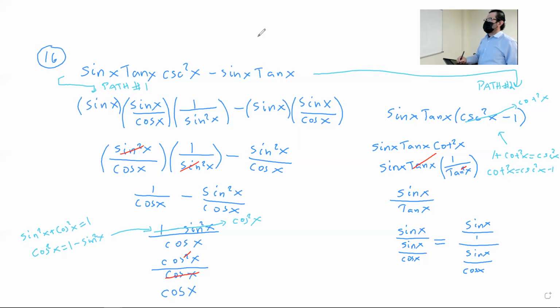And in this case, if we use the reciprocal rule, we're going to get sine of x multiplied by cosine of x divided by sine of x, and the sine is going to eliminate. We'll be left with cosine of x, which is exactly the same thing we had over here.